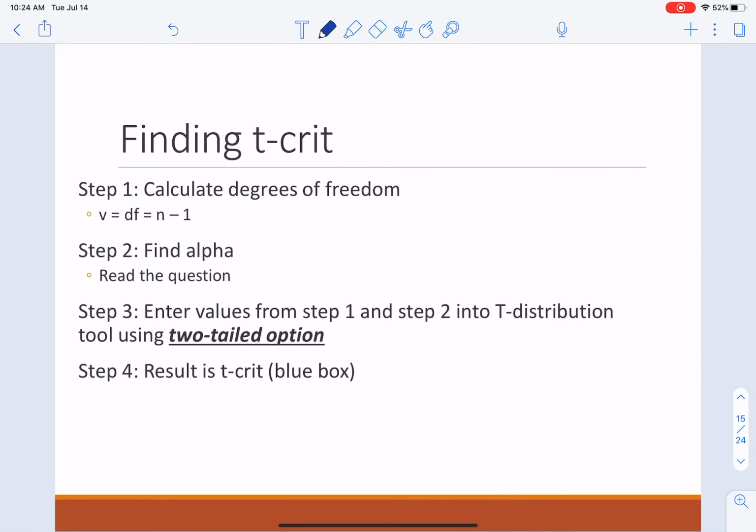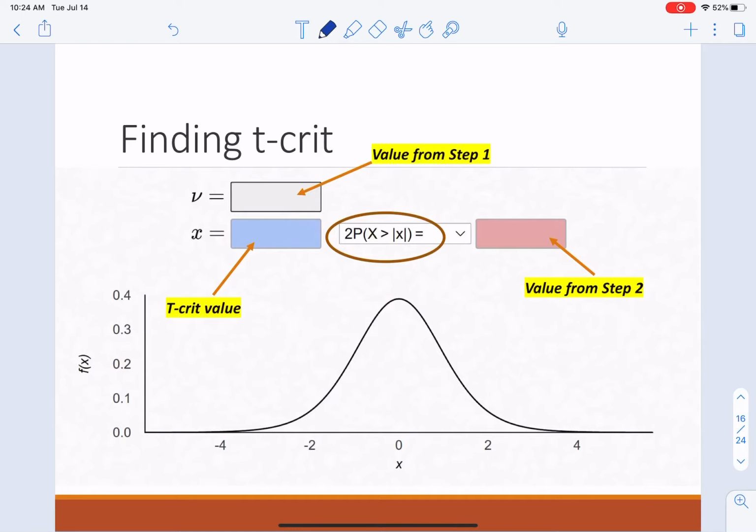Now you can dork around with this in the z-distribution to recreate that 1.96 if you want, or you can just do this every time. So here's the general idea. You put in step 1. Let's say that n equals 10, well, your degrees of freedom is going to be 9.